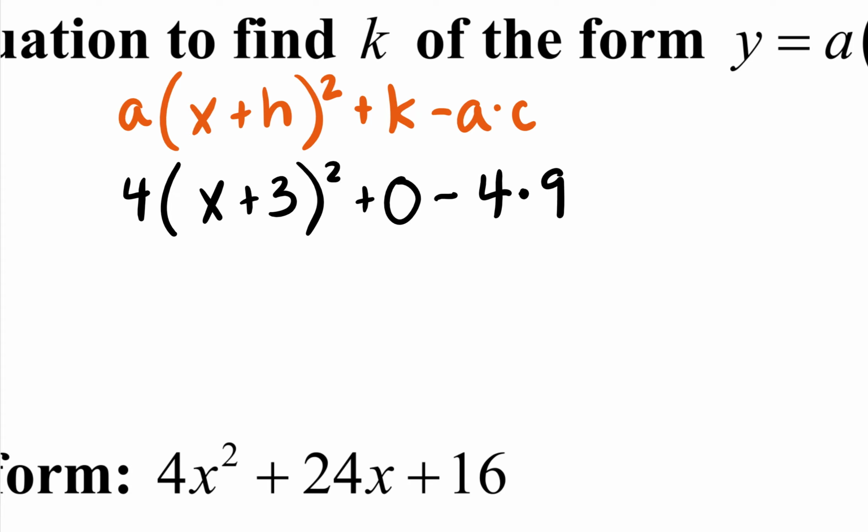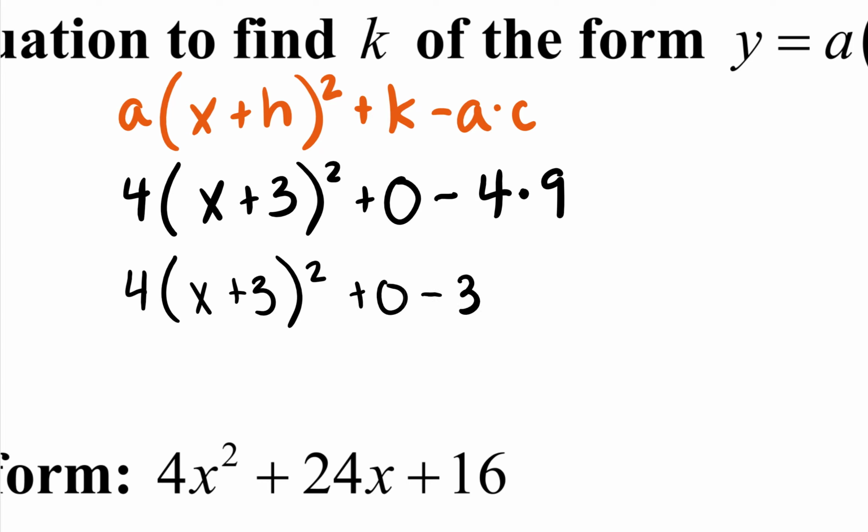Okay, now I just kind of clean up the end over here. So I have 4(x plus 3) squared plus 0 minus 4 times 9 is 36. And then of course 0 minus 36, that would give me 4(x plus 3) squared, and then 0 minus 36 is just negative 36.